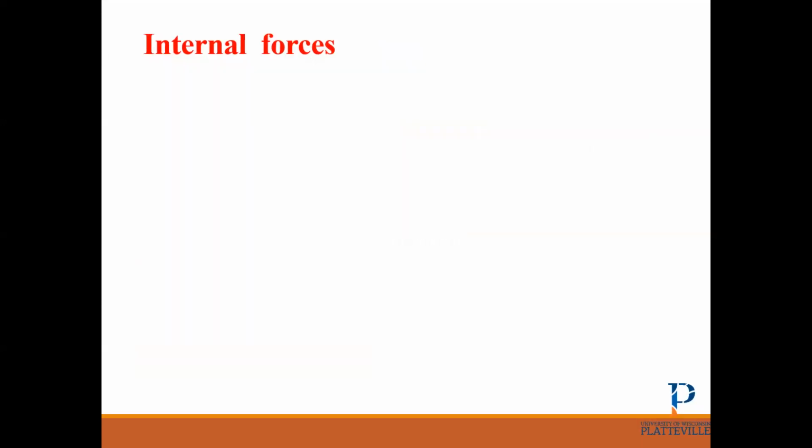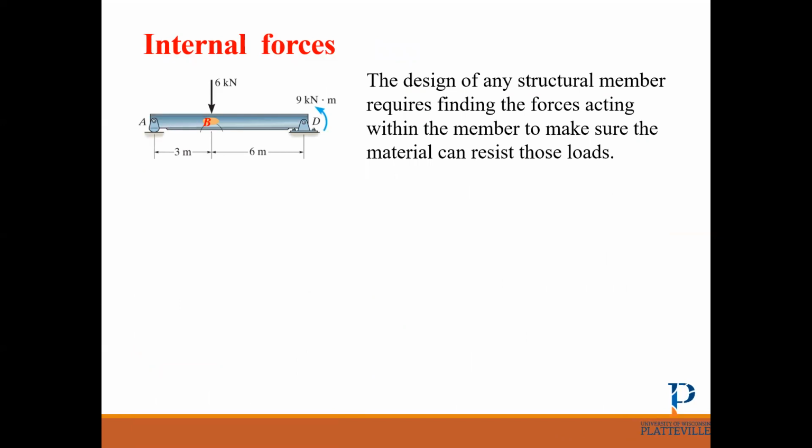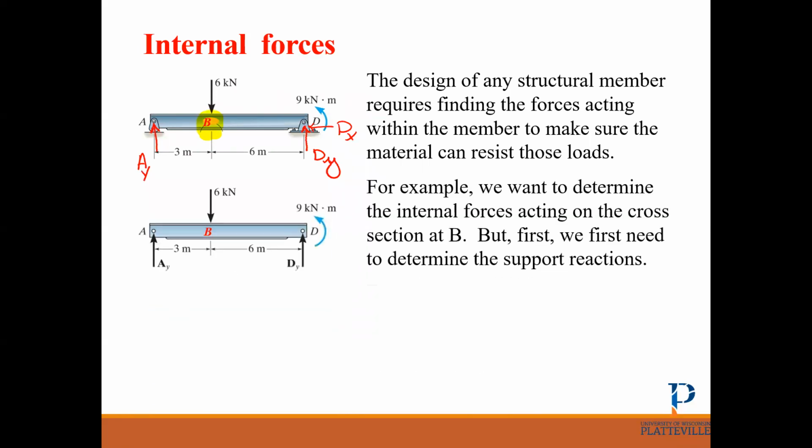Okay, let's see what the internal force is and how we can find it. In this beam, as always, the first step, if we want to find the internal force at point B, is to find the reactions, right? We know the reaction at a hinge has two components, Dx and Dy, and for a roller, it's only one. Because we don't have any force in the x direction, the x reaction is 0, so you don't see it in this picture.